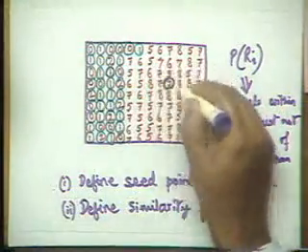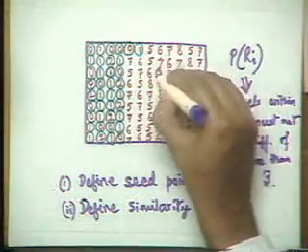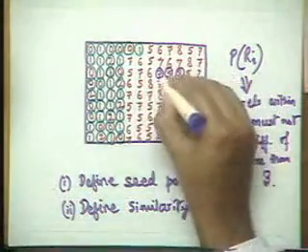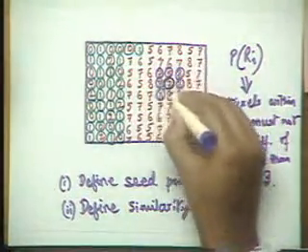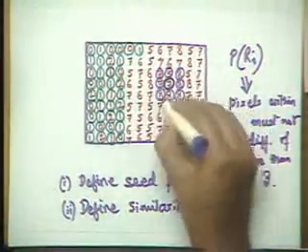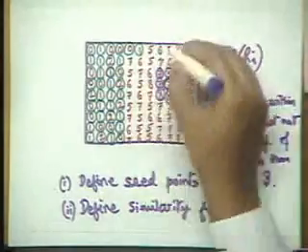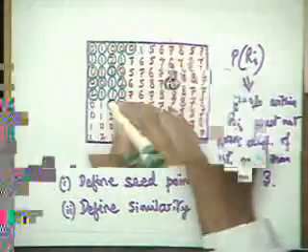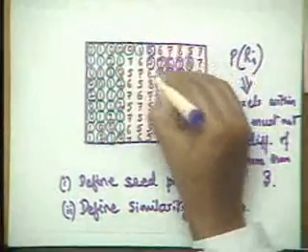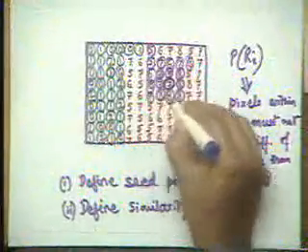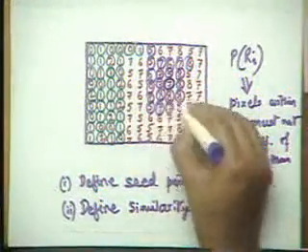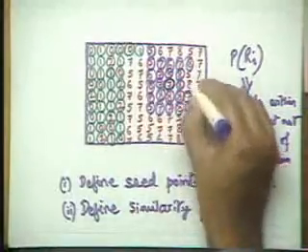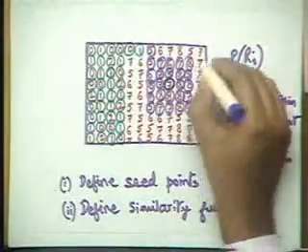Now I can take the other seed, which is 7. So now I examine all the pixels which are neighbors to this particular seed. I find that all of them can be included, and if I proceed with this approach, we can clearly see that all the remaining pixels get clubbed into this region.